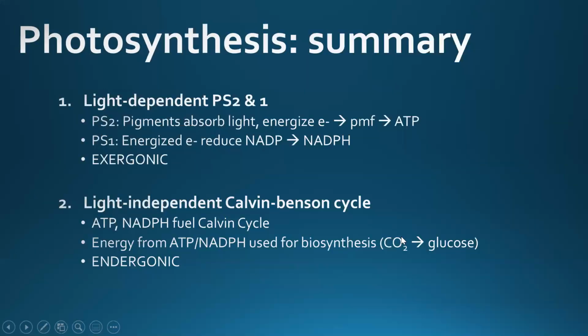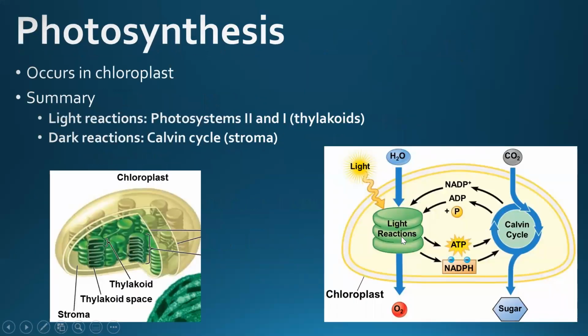So basically, what you're doing is you're taking the light energy from the sun, striking the photosystems, which are found in the chloroplast. They're actually found in the thylakoid, and the photosystems are very complex proteins that are embedded in the thylakoid membrane. You're adding water, and basically you're going to generate ATP and NADPH.